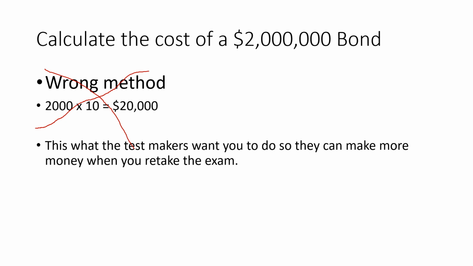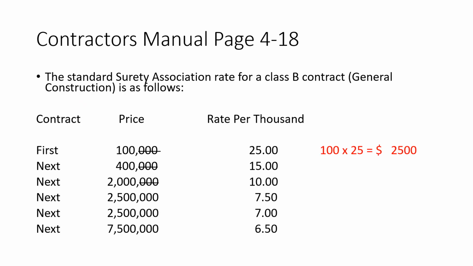Okay, so here we go. This is the right way to do this. All right, so you have to do this step by step. You see where it says the first 100,000 and then the next 400,000 and the next 2 million? You always have to start at the beginning. The first $100,000 of our contract is $25 per thousand.